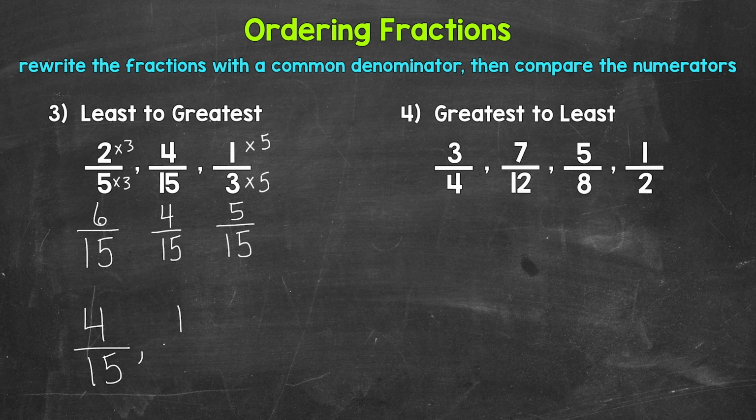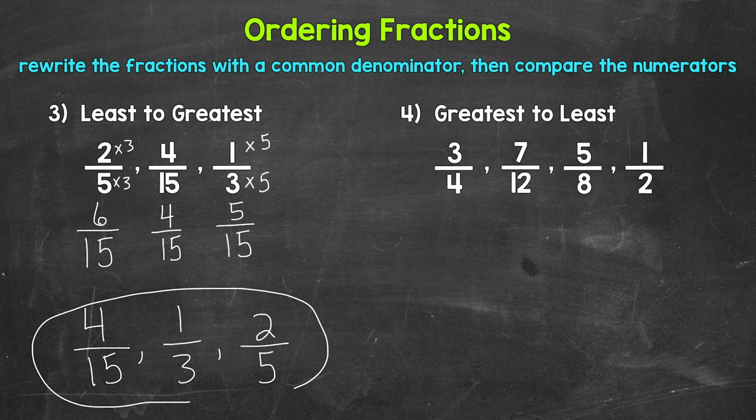So let's include 1/3 here. And then the greatest is 6/15, which the original fraction was 2/5. So let's include 2/5 here in our final list. And now we have our fractions in order from least to greatest: 4/15, 1/3, and then 2/5.